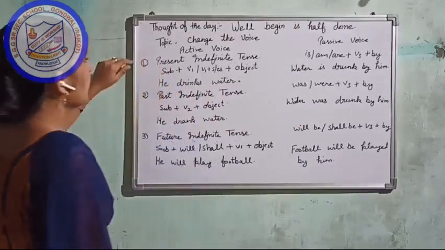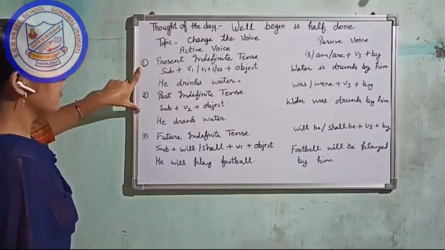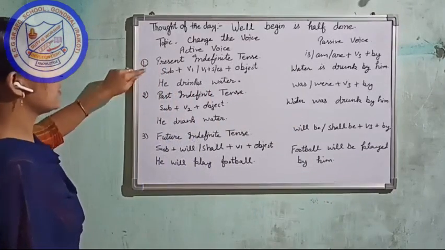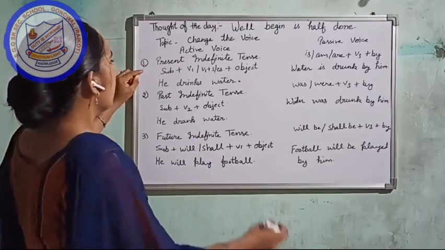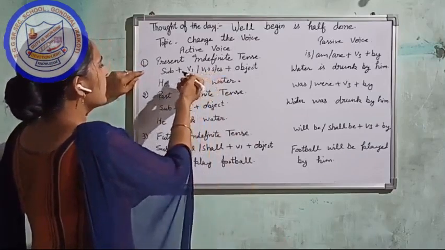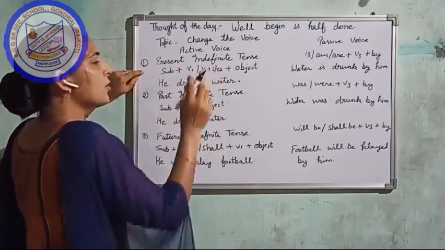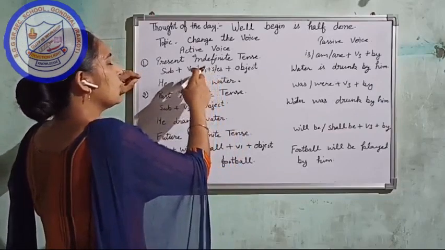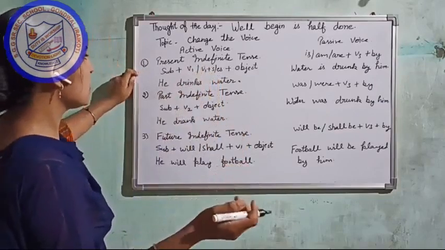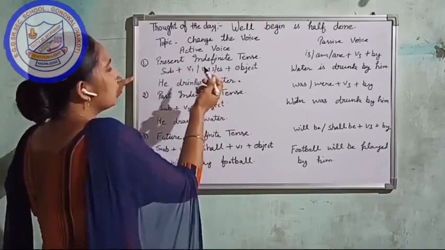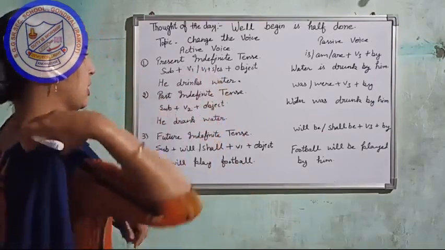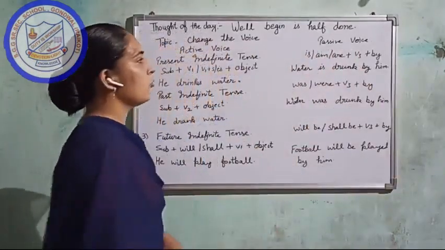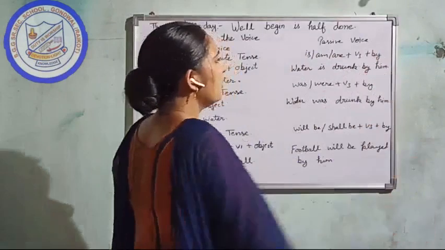Yes. I have given you the information of three tenses. First is present indefinite tense. Indication of present indefinite tense is there is a use of verb's first form with s or es with the singular nouns, whereas base form with plural nouns. So in passive voice, we will make use of is, am, are helping verb with past participle with by.